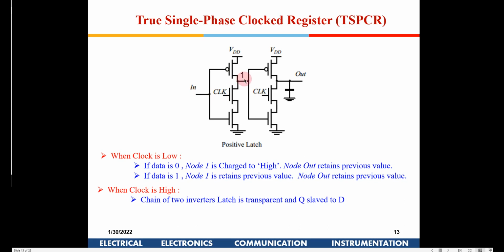If it gets charged to 1 here, because this transistor is going to be switched on, this will be charged to 0 out here. So when the data is 0, this node is charged to high, and this is going to be charged to 0 here.